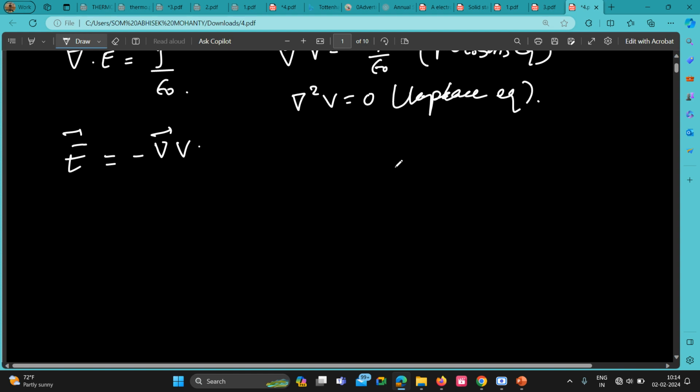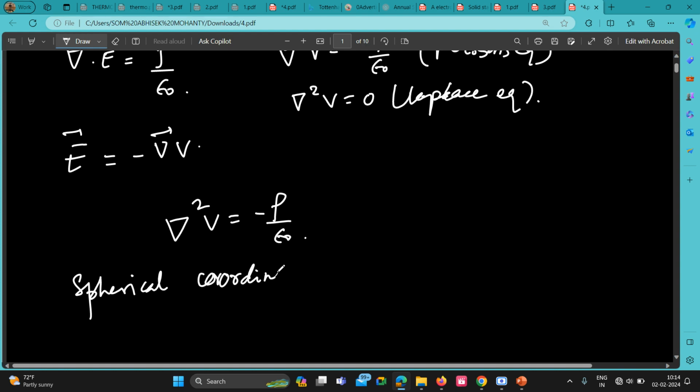Then the Poisson equation is del square V is equal to minus rho by epsilon. Suppose you have to write this in spherical polar coordinates. How will you write del square in spherical coordinates?